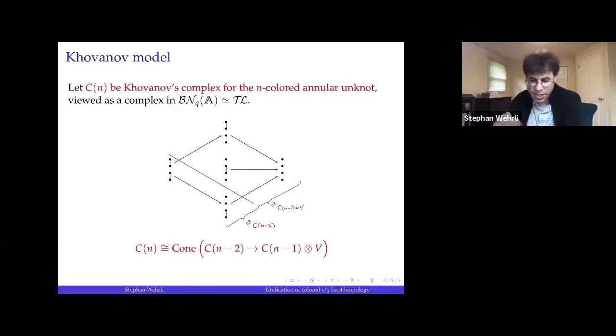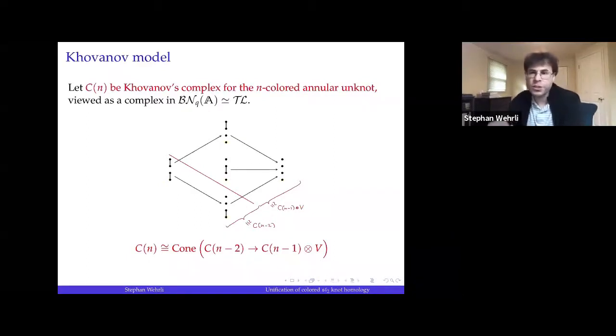If the lowest dot is unpaired, then the corresponding vertices generate a complex that's isomorphic to Cn minus 1 tensor V, where this factor of V corresponds to the unpaired dot. So you see that the entire complex is literally a cone of a chain map from Cn minus 2 to Cn minus 1 tensor V. So in this case, Cn is not just homotopic to a cone, but it's actually isomorphic to a cone. And so Khovanov's construction yields a model.